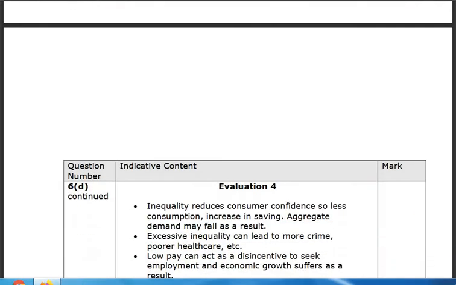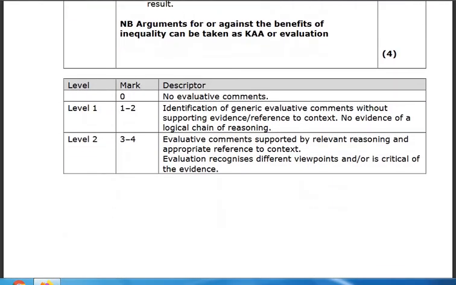For the evaluation, again, it's exactly the same as with the 12 marker. Level 1, just some throwaway stuff. Oh, time lag, I don't know, extent. But you've not really explained why there might be a time lag in this case.